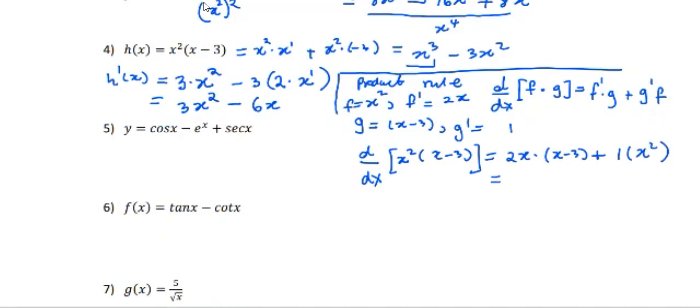So this is 2x times x, that's going to be 2x squared. And then 2x times negative 3 is going to be negative 6x, plus x squared. And so this just becomes 3x squared, oh, sorry, this is x squared, minus 6x.